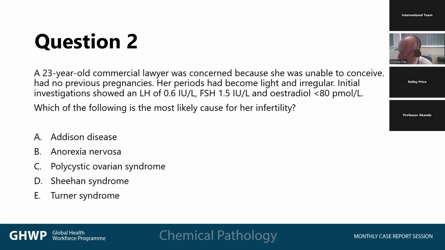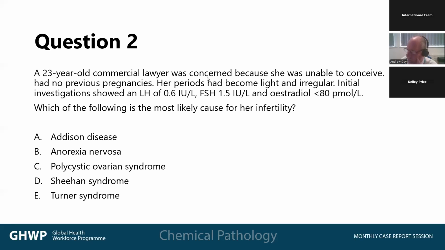Initial investigations showed low LH at 0.6, lowish FSH at 1.5, and an undetectable estradiol at less than 80 picomoles per litre. So all low: gonadotropins low, estradiol low. Which is the most likely cause for her infertility?